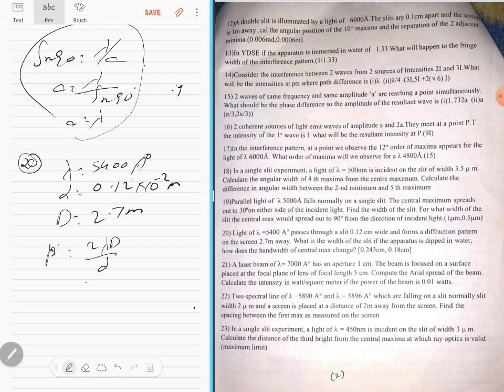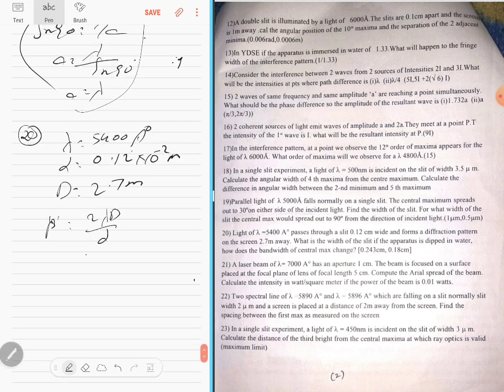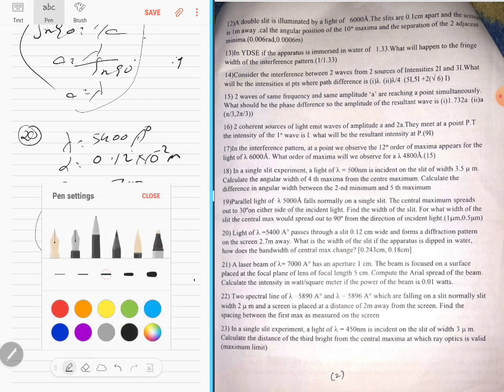You can find that. And then the width of the slit if the apparatus is dipped in water, which means the fringe width is also going to change. Then how will I do this sum? I don't know how to do the 20th question. I feel something is not all right with the question. It's very incomplete because something has to be given, right?